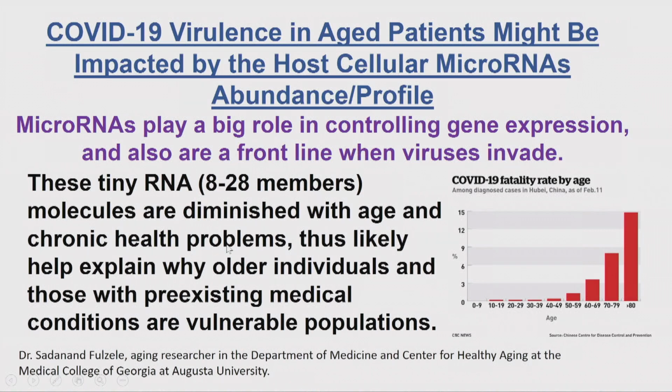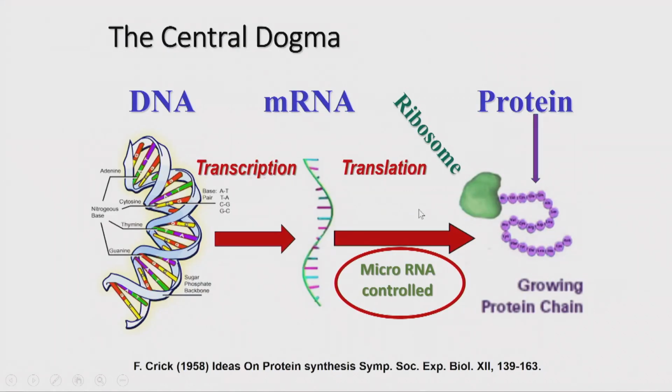So when it diminishes, there is less front line, and this may explain, at least partially, the fact that older people and diseased people have more mortality or suffer more. So just to show you where it plays here in the way between gene to protein. It sits here. It controls this.